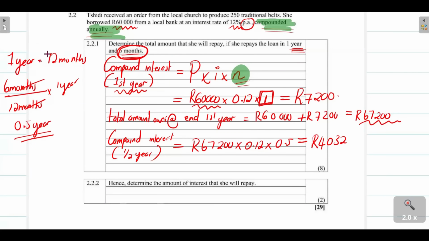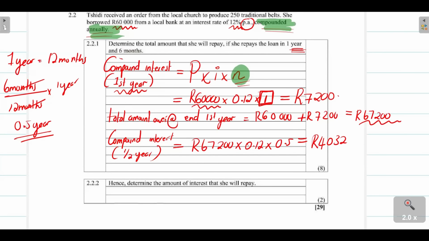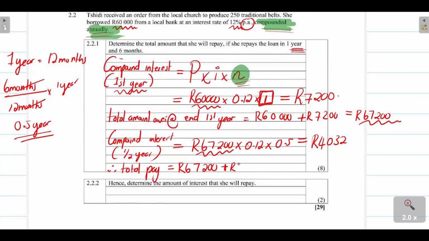Meaning, what is now the total that she will repay back to the bank? So the total that she will pay will be the 67,200, the amount that she starts the second year with, plus 4,032.